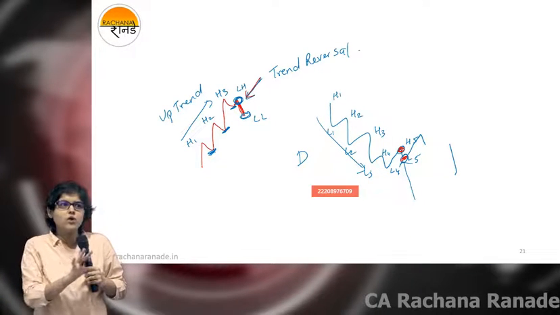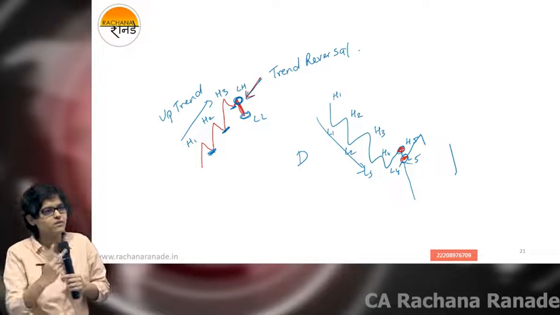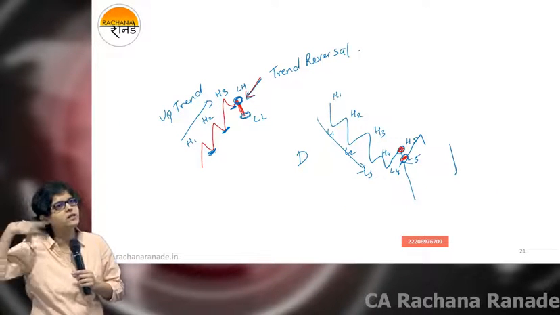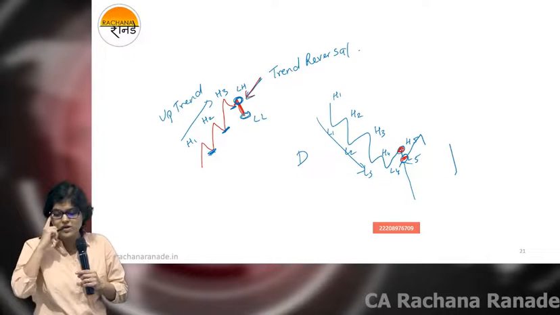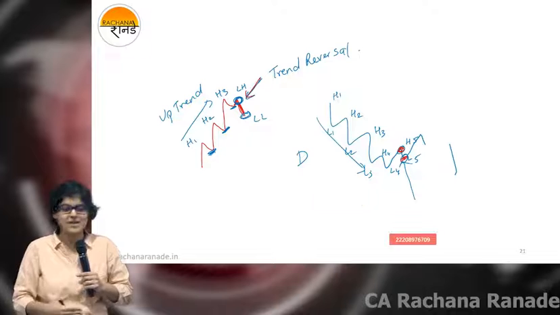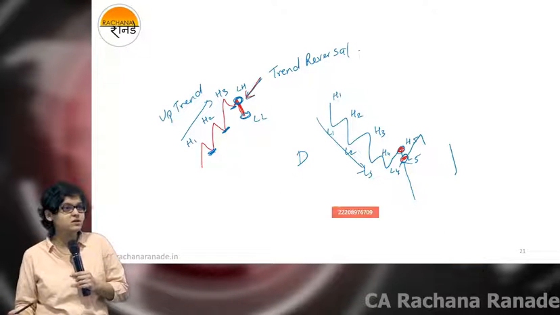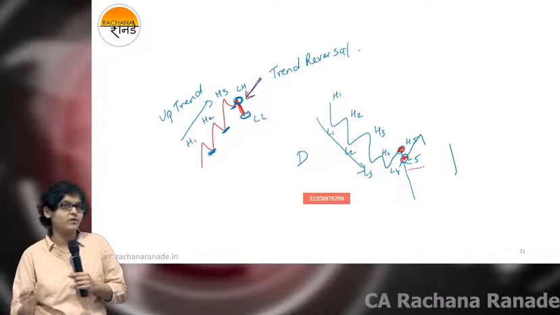So if you don't want to be more aggressive, then wait for double confirmation of 2 highs and 2 lows, and then take your call. You also have to check so many other things. I'm just telling you a base thumb rule right now. You have to check what candle is formed there and what all has happened. If you have more confirmations, then you can take a call at H5, L5 also.